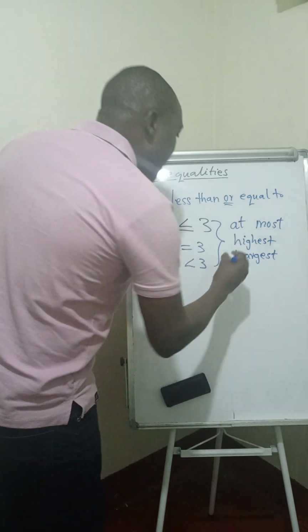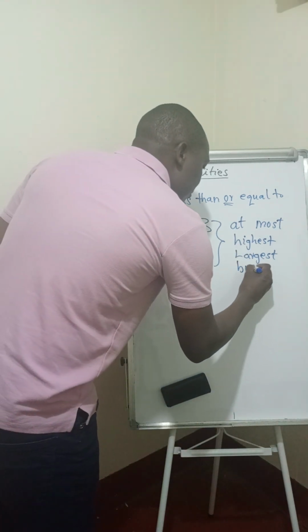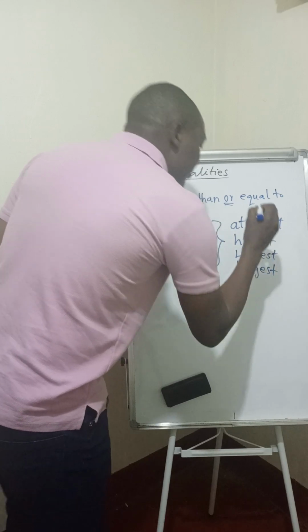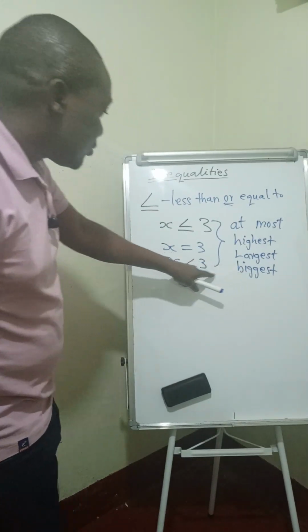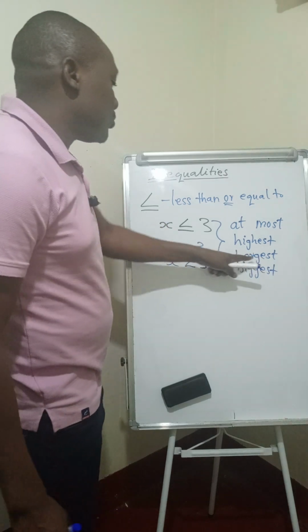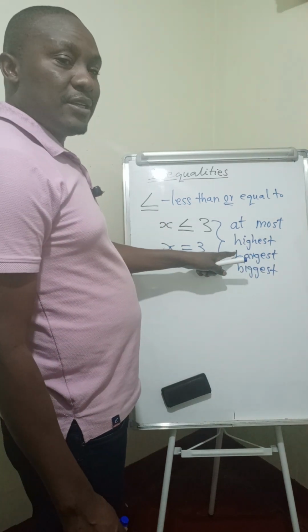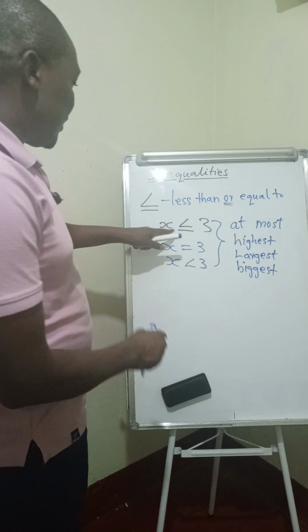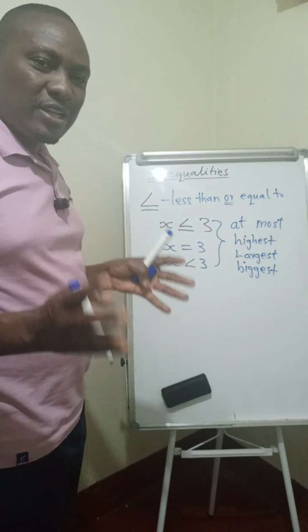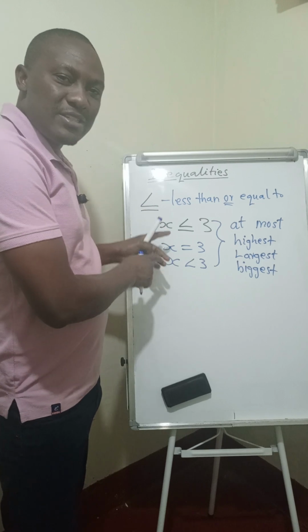We can also say the biggest number is 3, meaning there are some smaller ones. I want us to understand the basics of this symbol.